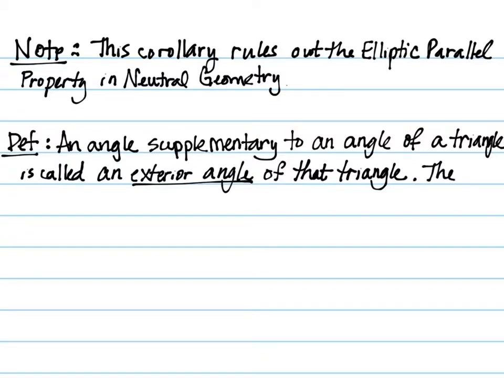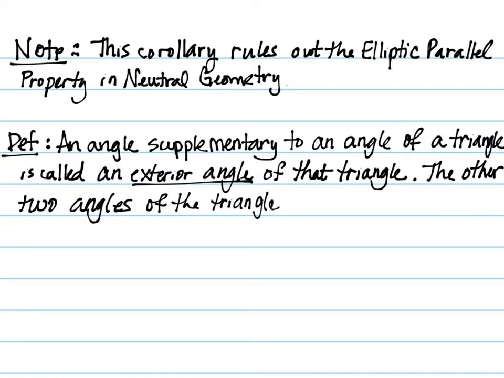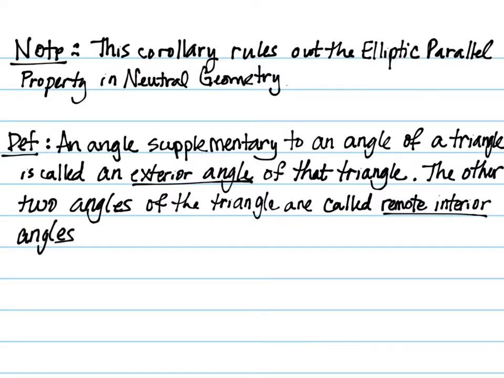The other 2 angles of the triangle are called remote interior angles relative to that exterior angle.